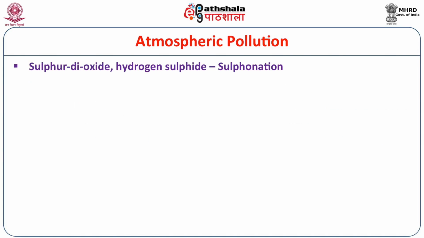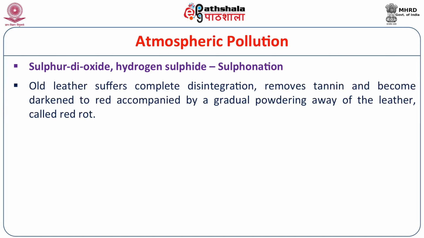The next serious pollutants are sulfur dioxide and hydrogen sulfide, and the process is known as sulfonation. Old leather suffers complete disintegration, loses tannin and becomes darkened to red, accompanied by a gradual powdering away of the leather, and it is called red rot.